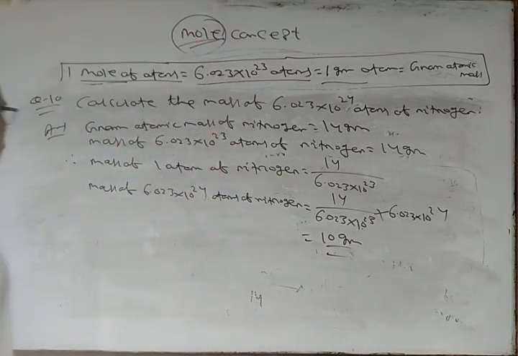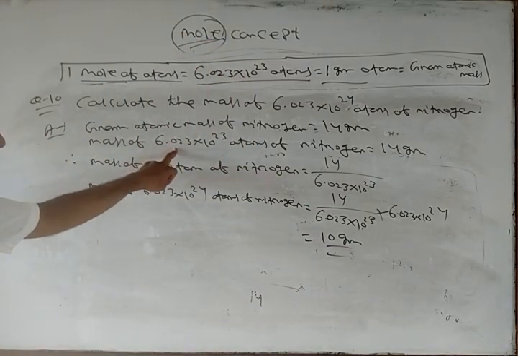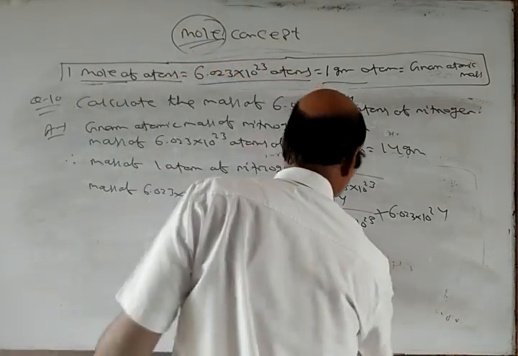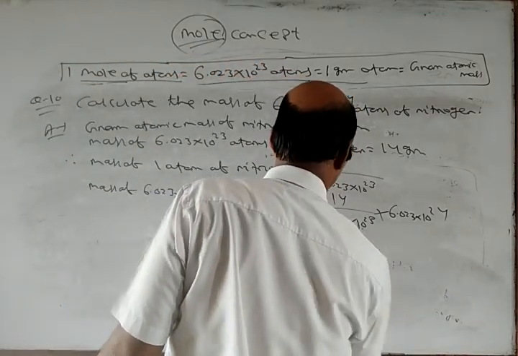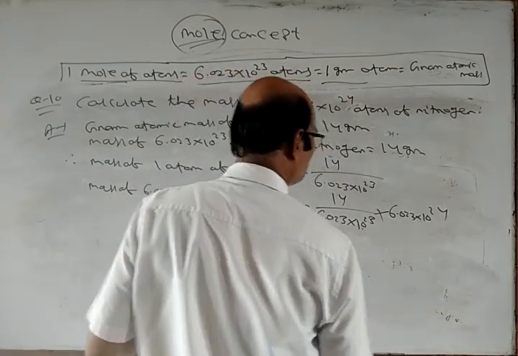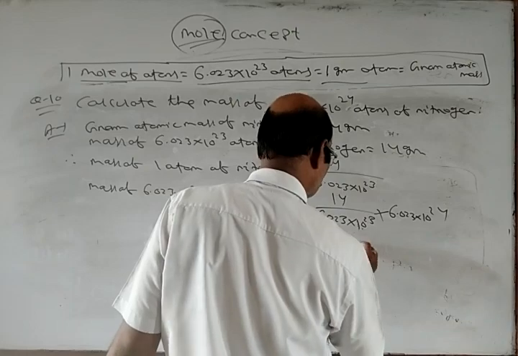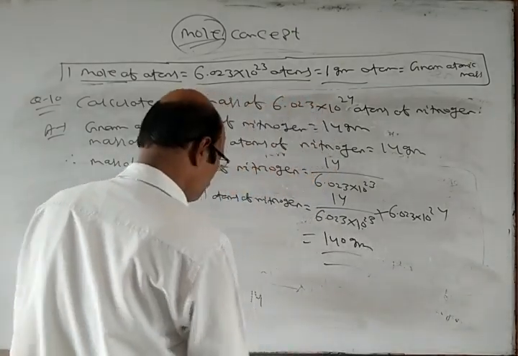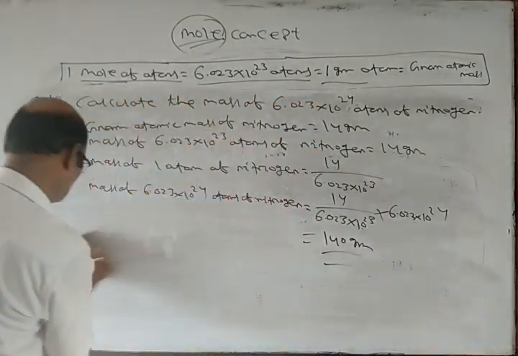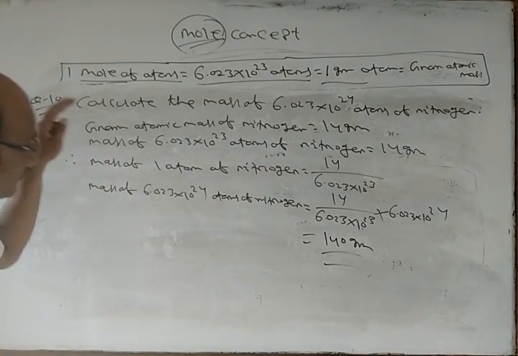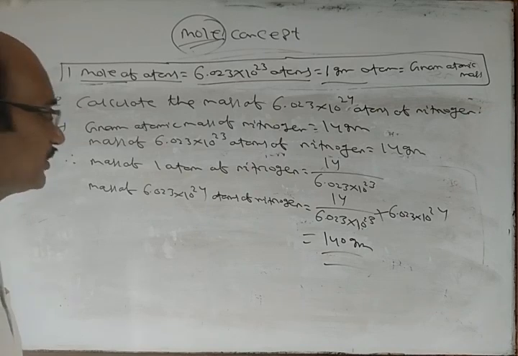Okay, so 6.023 into 10 power 23 atoms is equal to 14 gram.